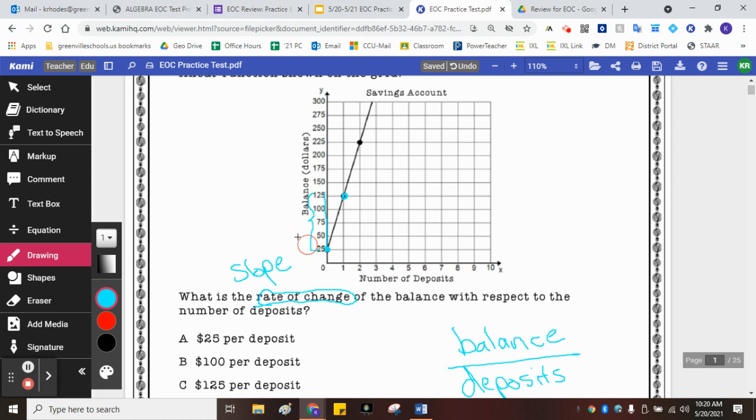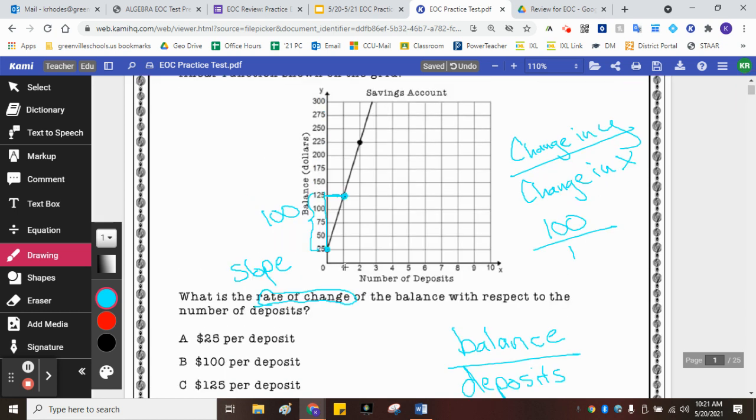So this change is 100. That's change in y. Remember slope, change in y over change in x, or rise over run, whichever way you want to think of it. I rose 100. I run, this is counting by 1, so I run 1. So $100.